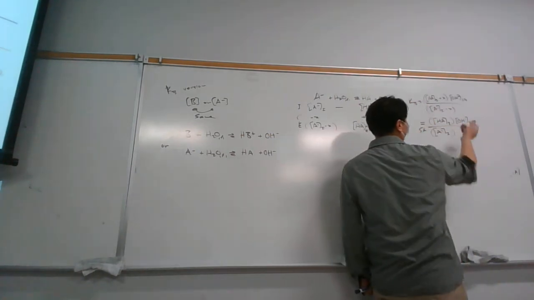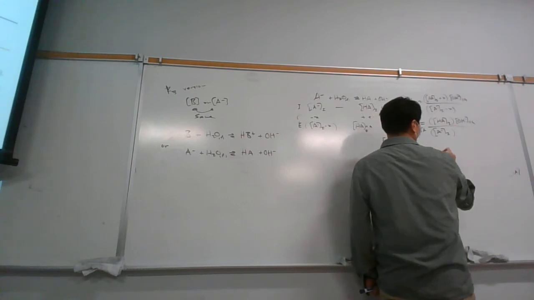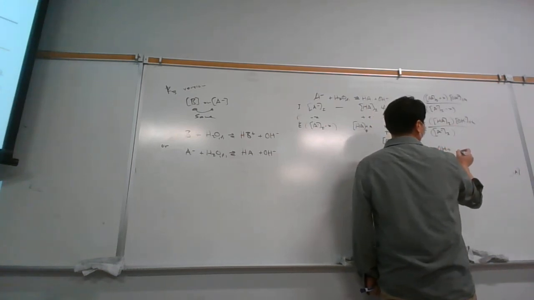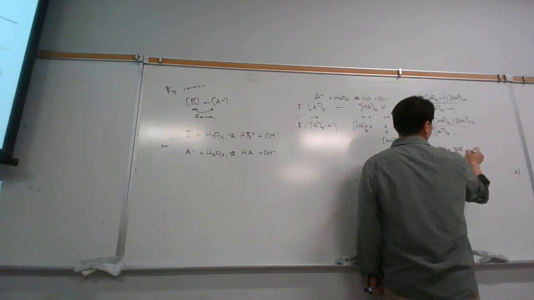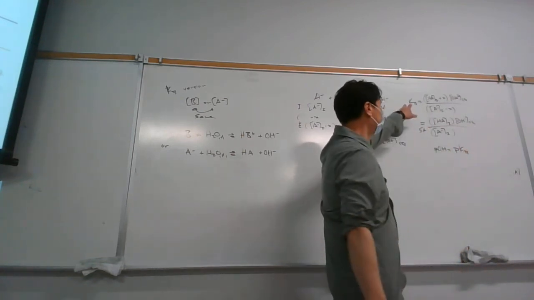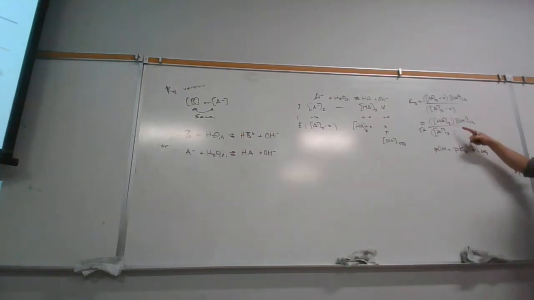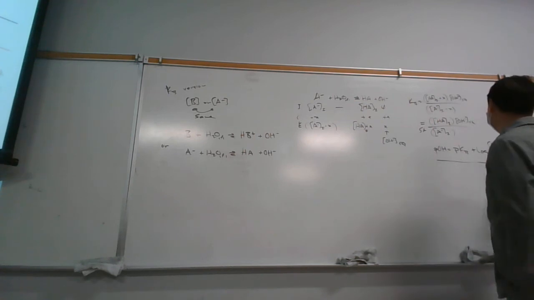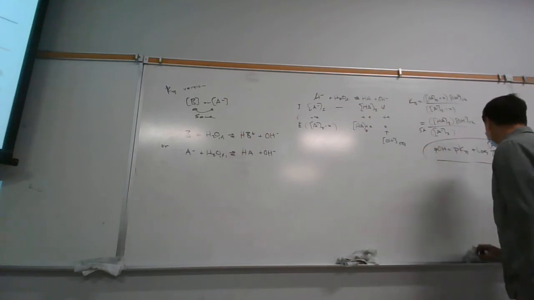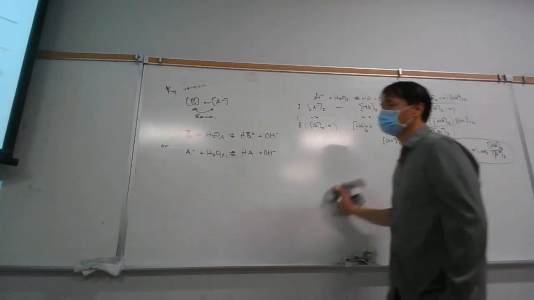And then we take the negative log of both sides, and we have the pOH is equal to the pKb plus the log of the initial acid over initial base ratio. And so this is the pOH version, or the Kb-based version, of the Henderson-Hasselbalch.